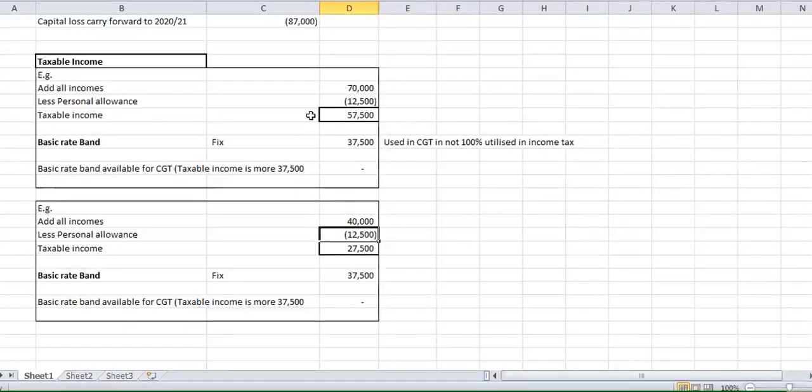Our total income is 40,000 pounds. We will deduct the relaxation, which is 12,500, so our taxable income is 27,500.